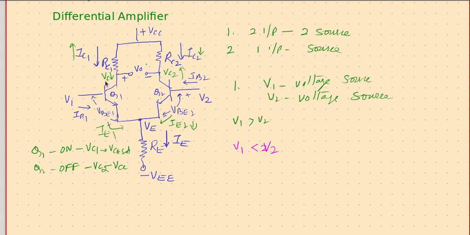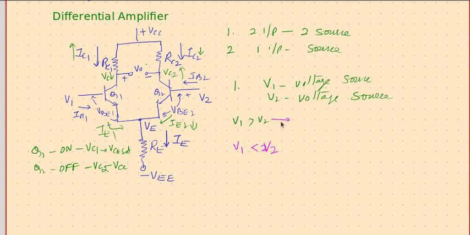IE1 will decrease. IC1 will decrease. IC2 will increase. IE2 will increase, and this loop repeats and repeats till this goes down to minimum value, this goes up to maximum value. So in that case, when V2 is greater than V1, we get this point voltage minimum, this point voltage maximum.